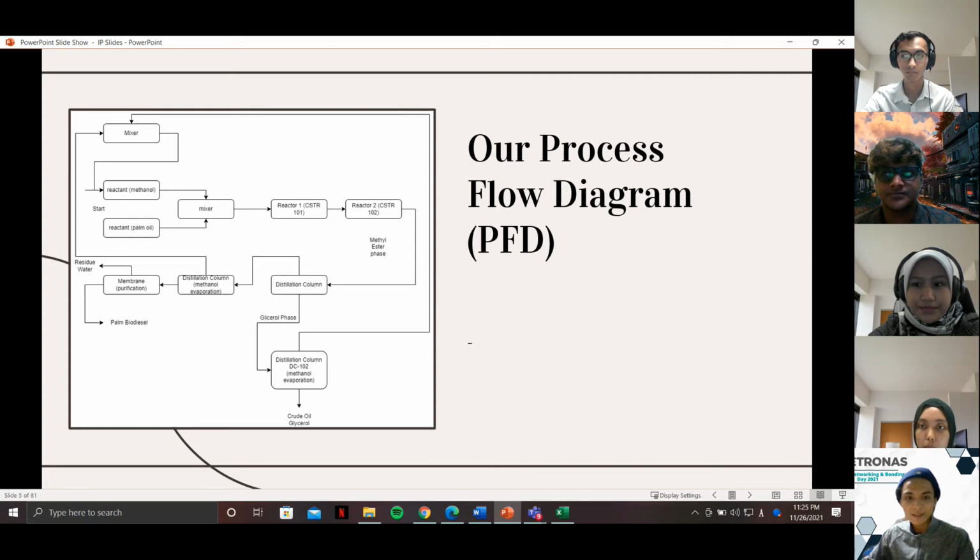Both distillate and bottom product will enter their respective distillation columns to separate the methanol, which is the reactant that was not reacted inside the reactors, and also to remove the glycerol and to recycle our methanol. We also use a membrane to gain our final palm oil biodiesel.